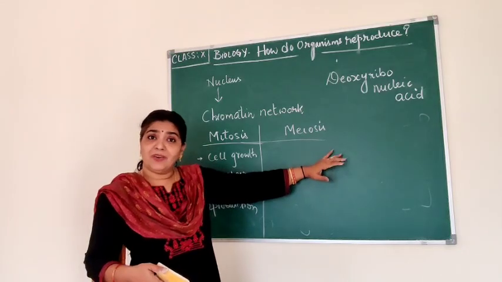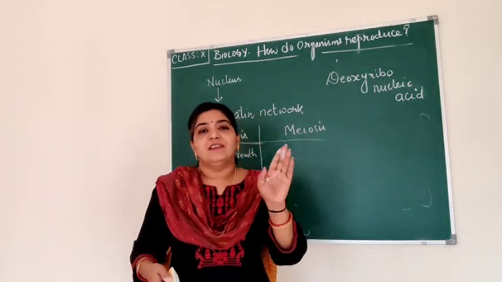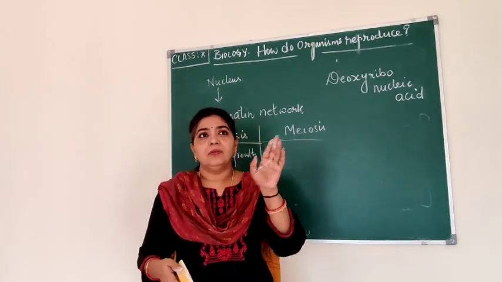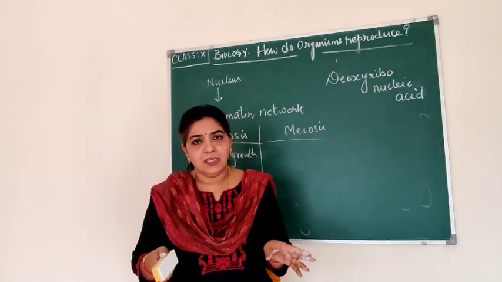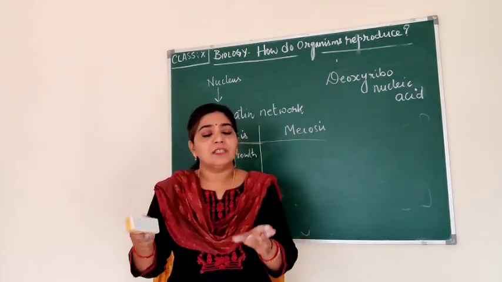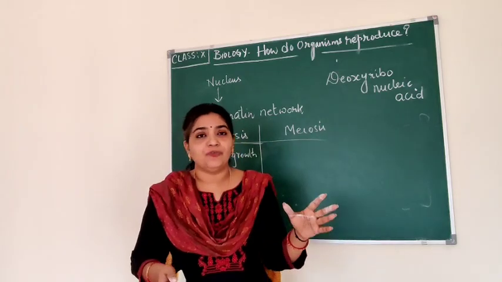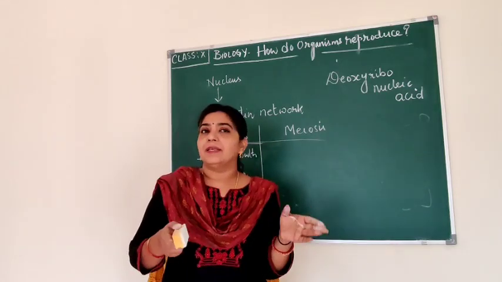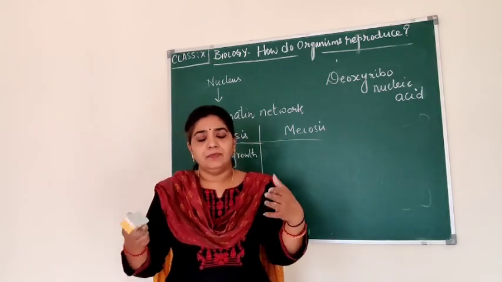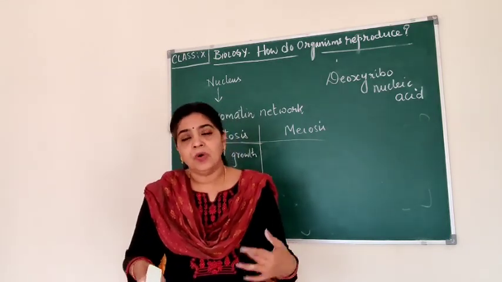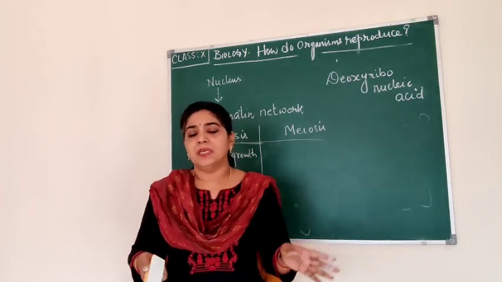So what is this meiosis cell division? Meiosis cell division takes place after a certain age. It is seen in an organism after a certain age. That is, in the case of a human being, the age of 13. So when the child reaches puberty, or teenage, right?